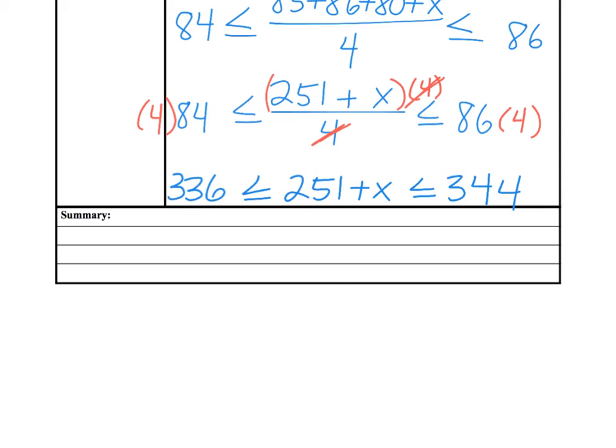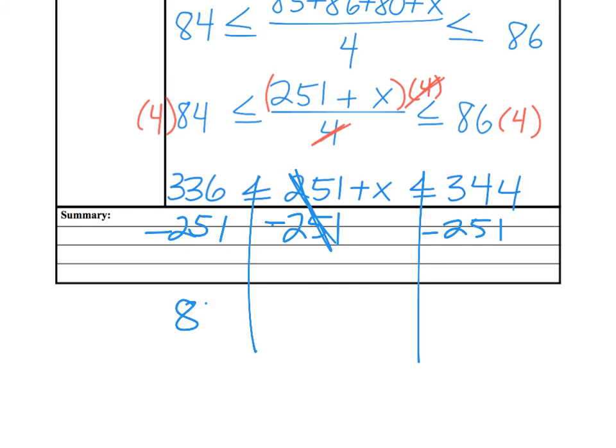What's my last step? Can someone raise your hand and tell me my last step? Luke? You would subtract 251 on both sides. Right. So subtract 251 because it's positive. So that's addition. I believe we get, is it 85?